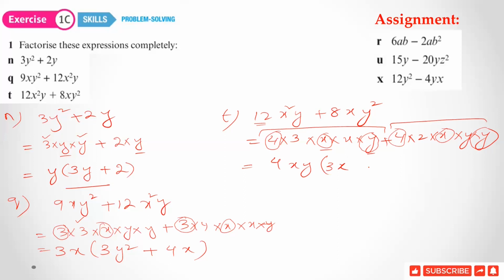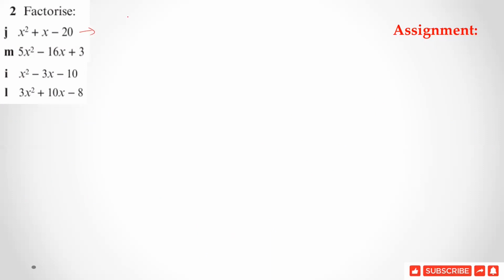This 2 is outside the circle, so we write 2 and here y. So this is our answer for factorization, question number 1, T part. Hope you understood it and you can apply the same methods to do the R, U and X questions.